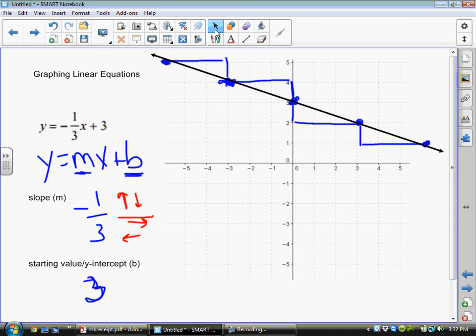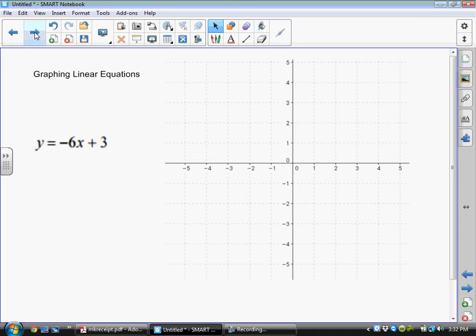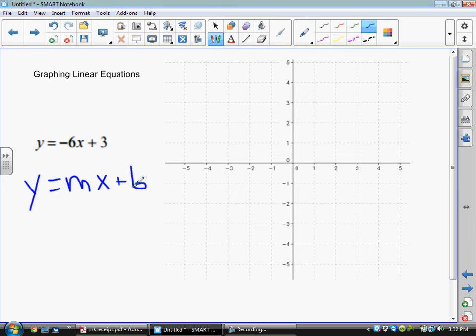Okay, we're going to do a different one now, one more example. Here's our equation, y equals negative 6x plus 3. So here's our normal equation, y equals mx plus b. Okay, so our slope, or the m value, is the number in front of the x, including its sign, so the slope is negative 6.